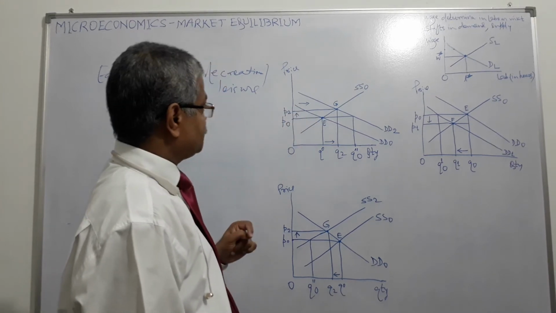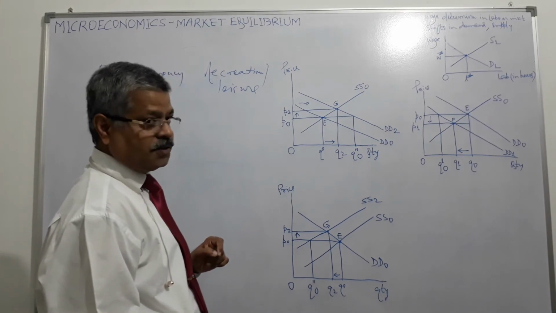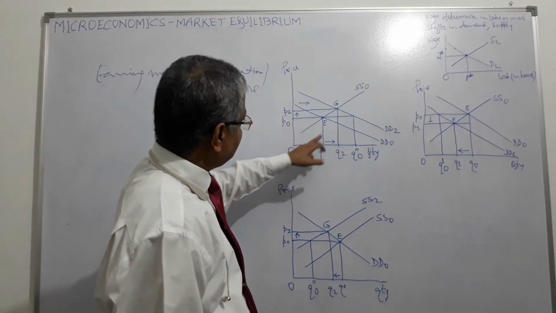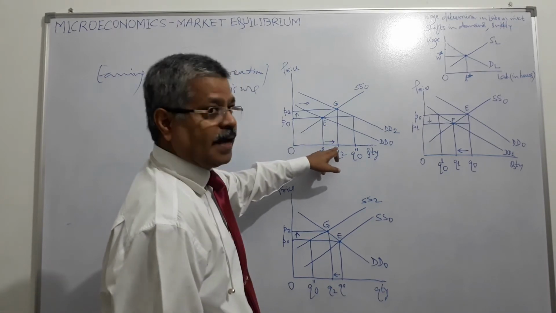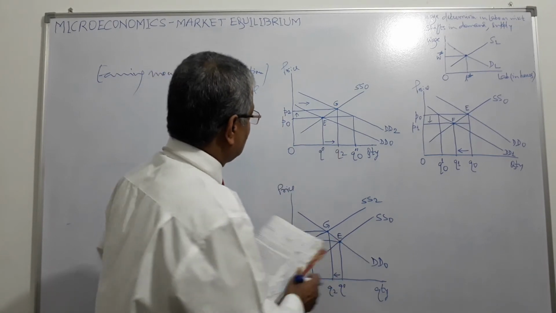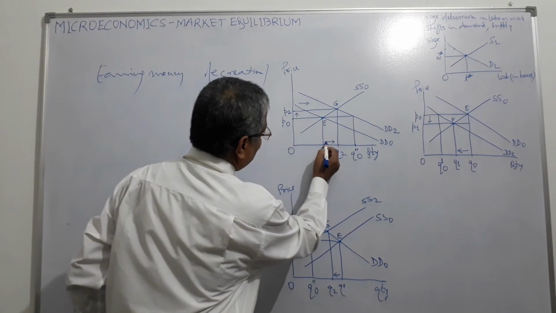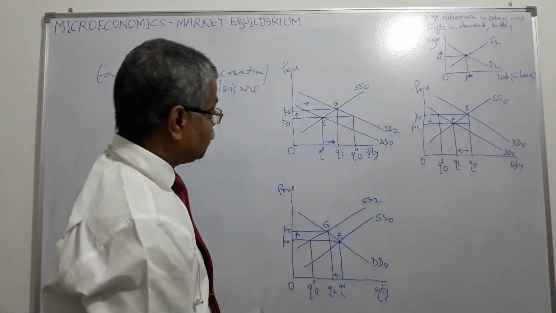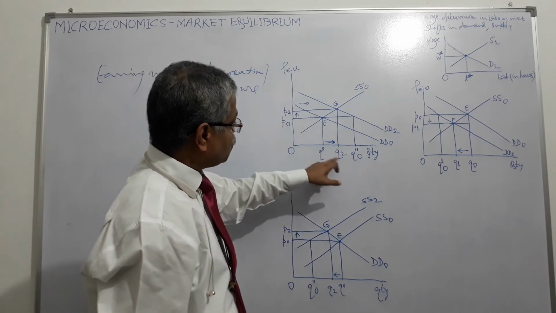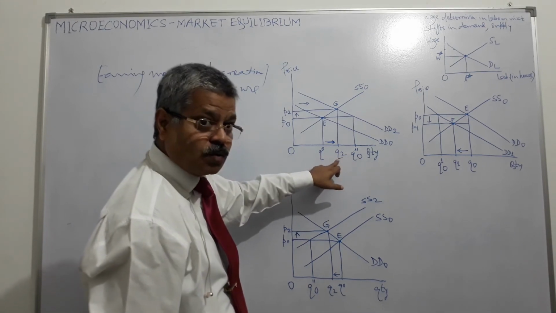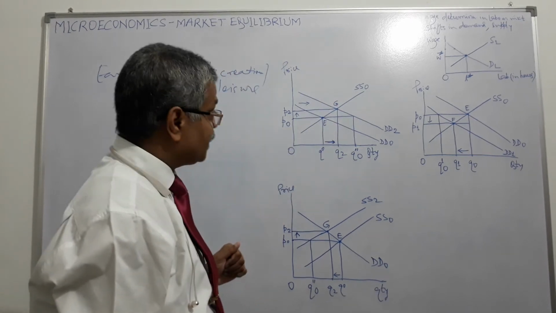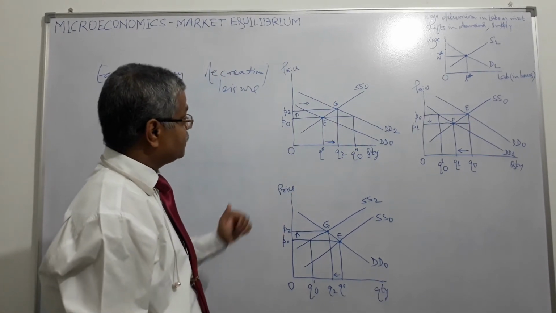You see here, at this point there will be more quantity, because from Q0 quantity goes to Q2, right? Supply remains the same, and what happens to price?